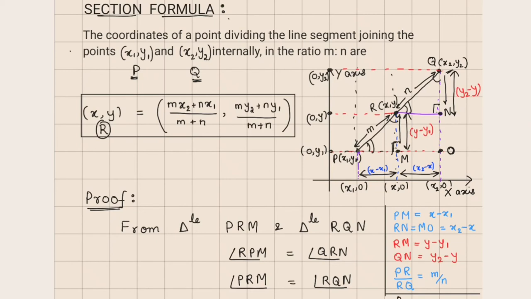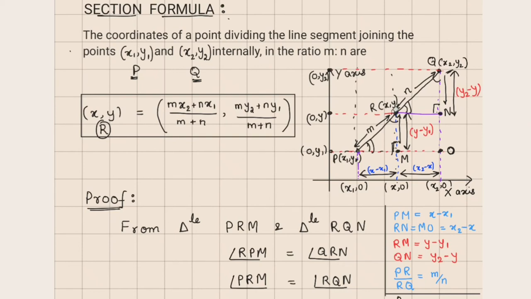The main concept which includes the proof is similar triangles. See, here this is the point P, this is the point Q. I have drawn a line PQ. Let's say a point R, x comma y, divides it in the ratio m:n.